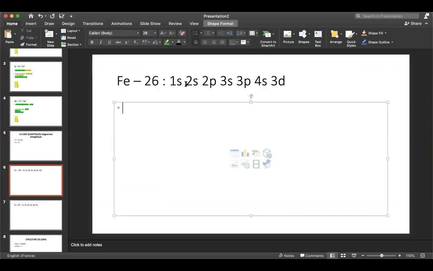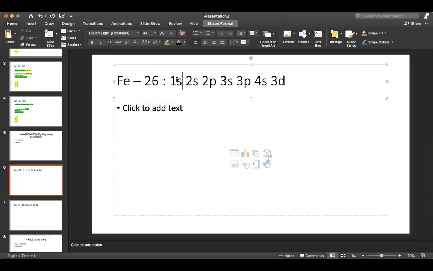So, the configuration électronique for fer. How many electrons maximum? 2. Maximum 6. And 2.